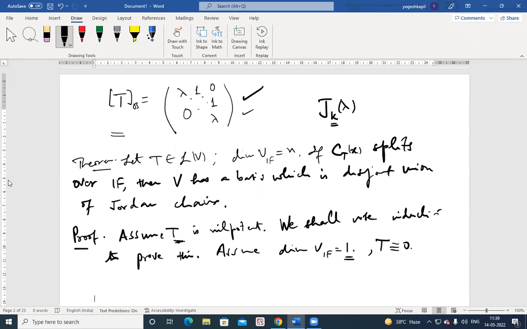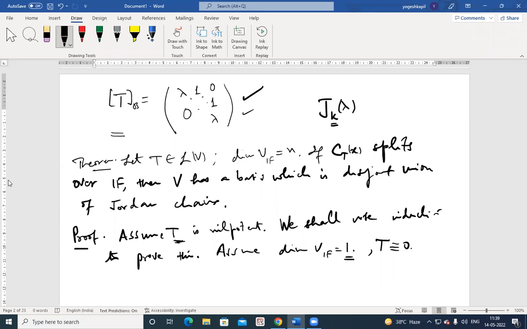The result is holding trivially because T is 0 means the matrix of T would be 0. Okay. And that is a Jordan matrix, Jordan block. So suppose the dimension of V is more than 1, we shall be assuming the result to be true for all the vector spaces which are having dimensions less than n. All right, less than n.